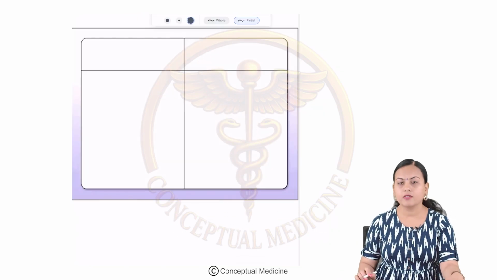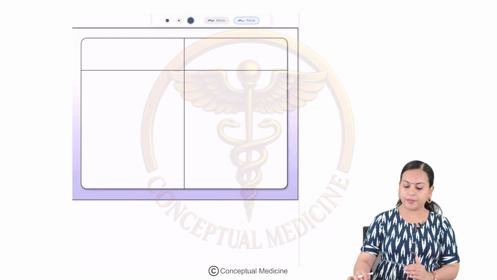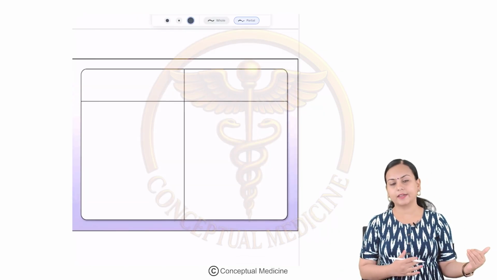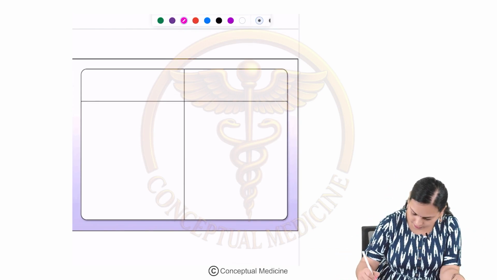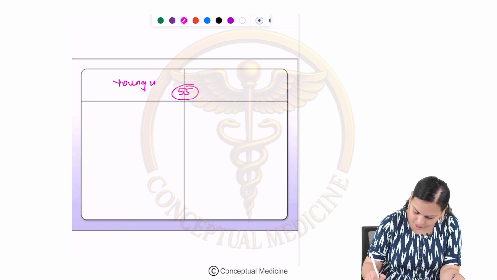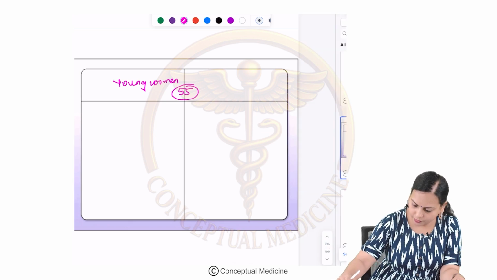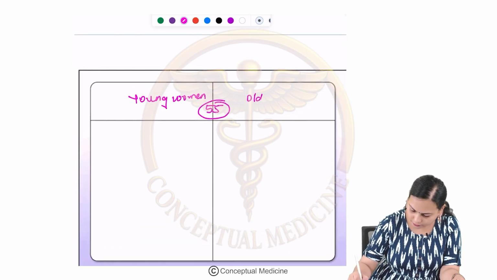Right. Now let's divide the age group into comparatively young women and comparatively older women. Let's take 55 years as a cutoff. The women who are less than 55 years will be the younger age group, and the women who are more than 55 will be older women.